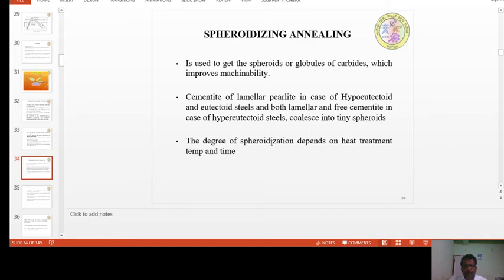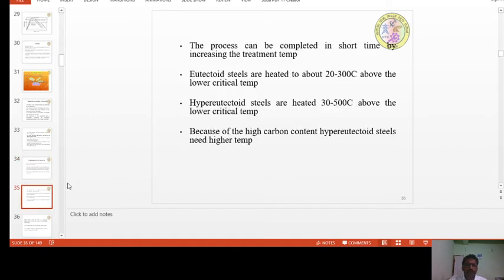The degree of spheroidization depends on the heat treatment temperature and time. So the degree of spheroidization, meaning how many spheroids per definite area, depends on temperature and time. This process can be completed in a short time by increasing the treatment temperature.